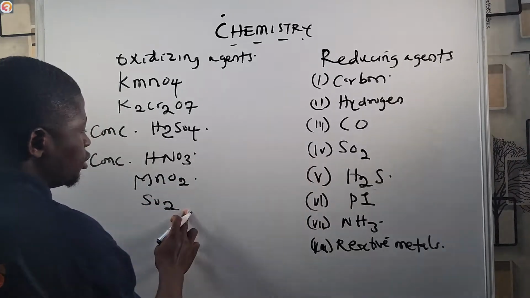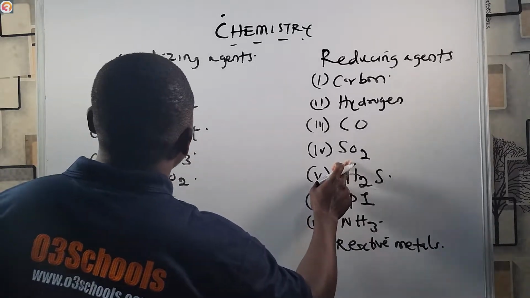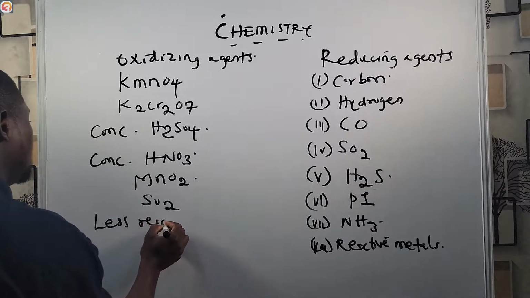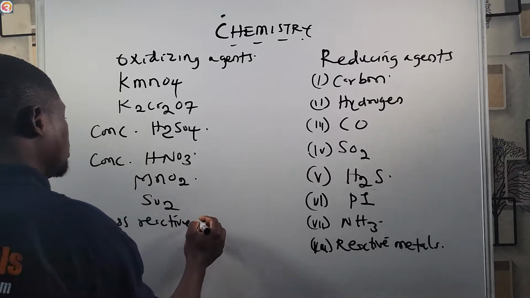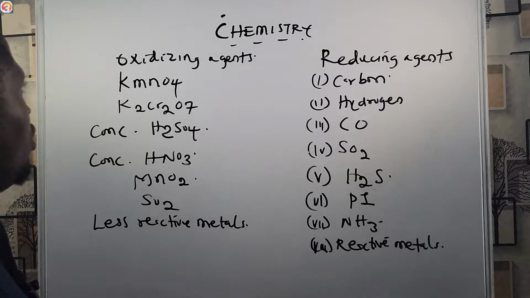It's appearing here also. I told you SO2 is both an oxidizing agent and a reducing agent. And then we have less reactive metals. So these are examples of oxidizing agents.